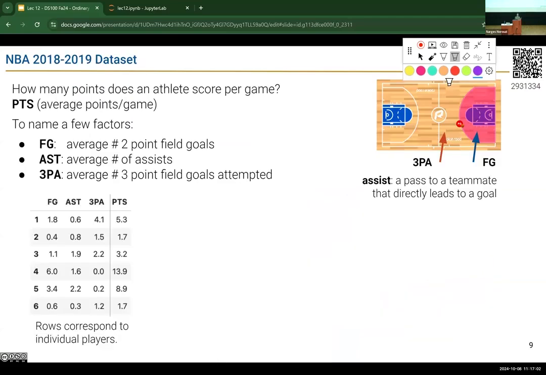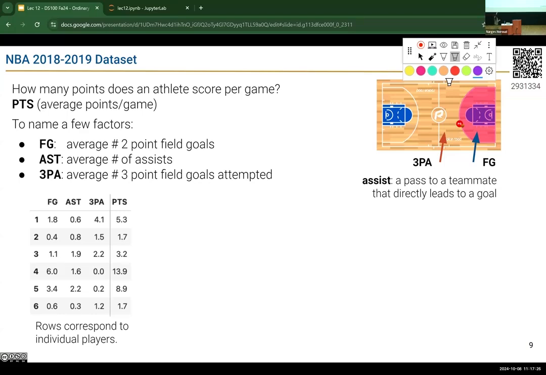But we're going to move on to using more features and try to scale this beyond two features and generalize what kind of space we're living in with multiple regression. So today's lecture is going to use a data set of NBA players from 2018-2019, and we have different attributes from different players that we can use.